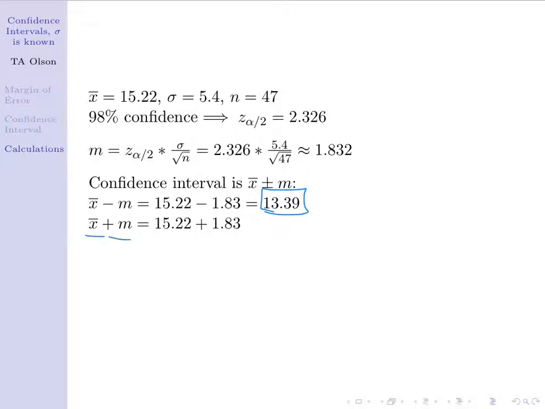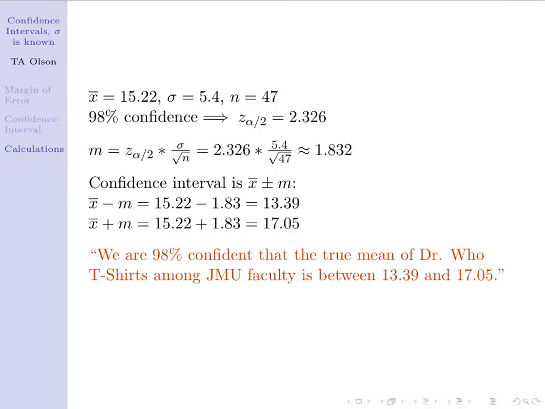X bar plus my margin of error, 15.22 plus 1.83, gives me 17.05. So the statement we want to make for this 98% confidence interval is we are 98% confident that the true mean number of Doctor Who t-shirts among JMU faculty is between 13.39 and 17.05.